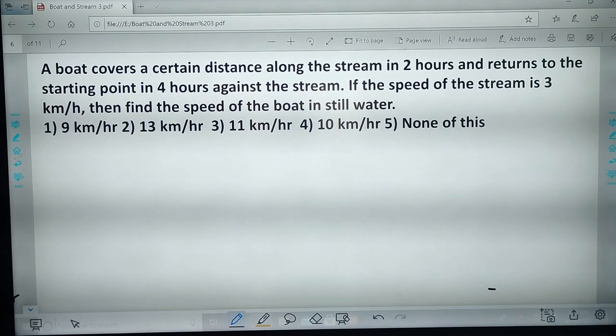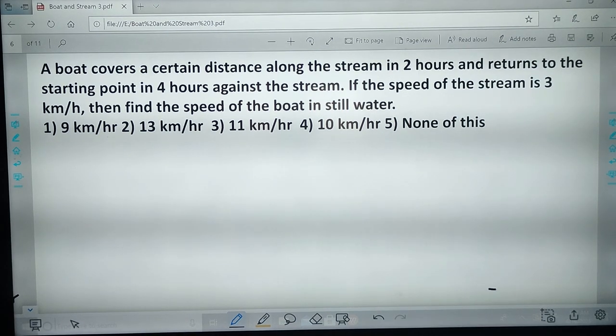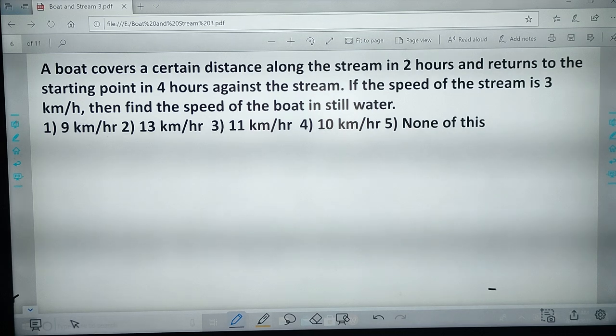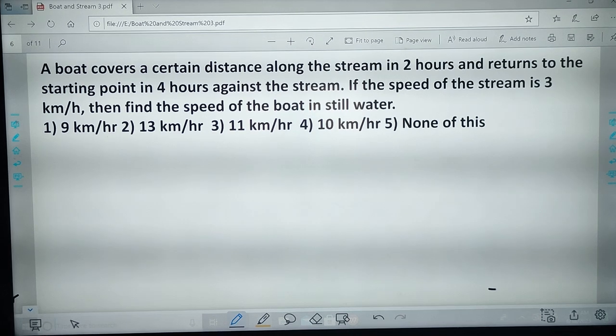A boat covers a certain distance along a stream in 2 hours and returns to the starting point in 4 hours against the stream. If the speed of the stream is 3 km per hour, then find the speed of the boat in still water.